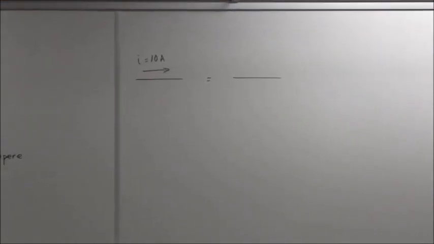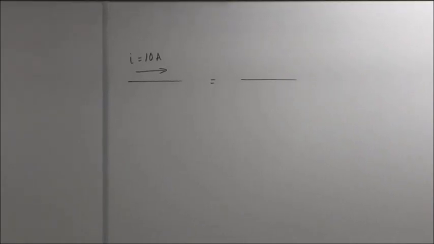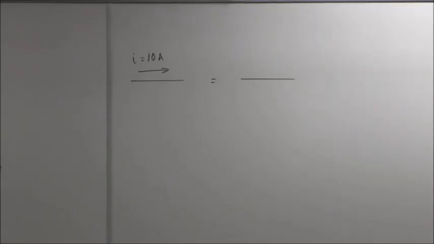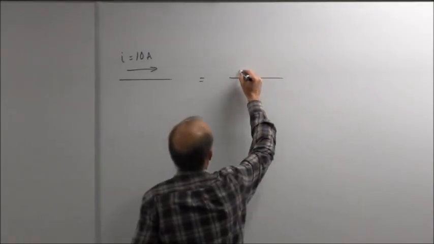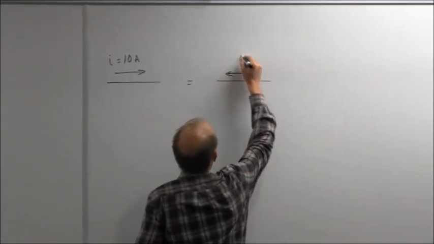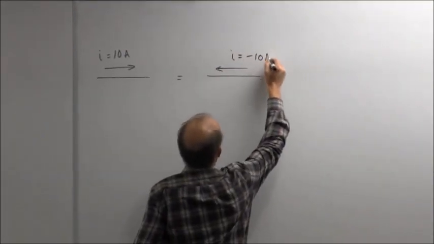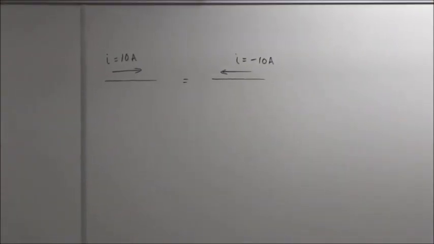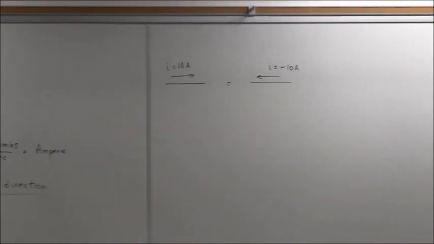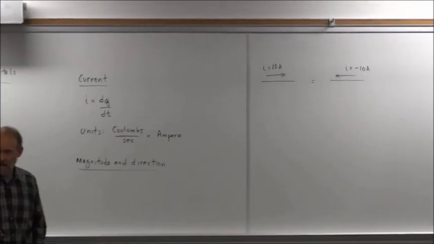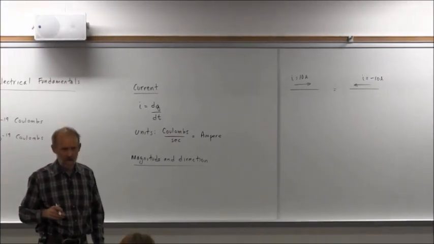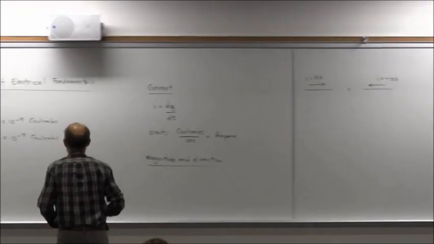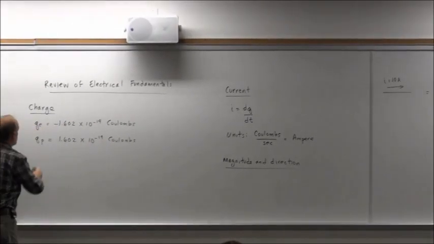All right, you might choose to indicate the direction of current from left to right and indicate that its magnitude is 10 amps, and it's equally correct to designate that same current flowing from right to left as negative 10 amps. So that may seem like I'm stating the obvious, but I'll come back to the significance of that as we get further into the circuit analysis.